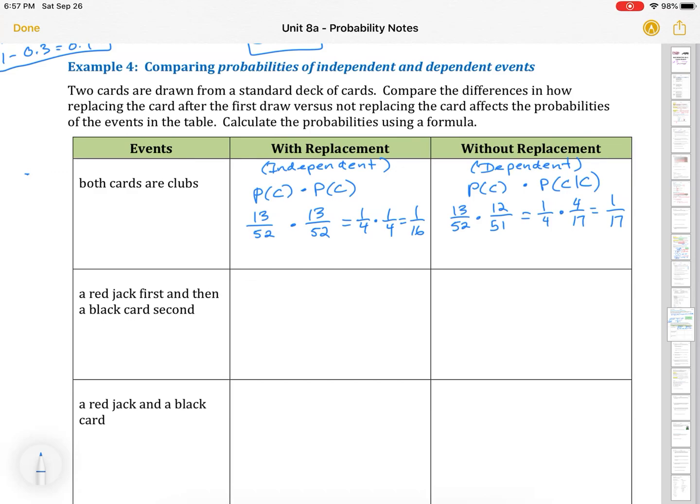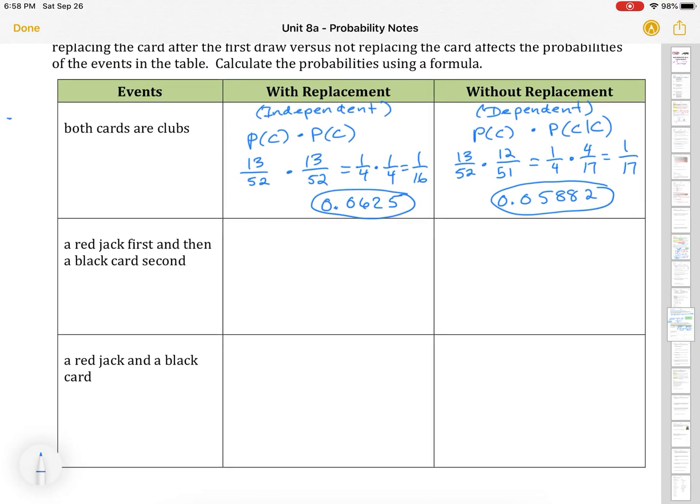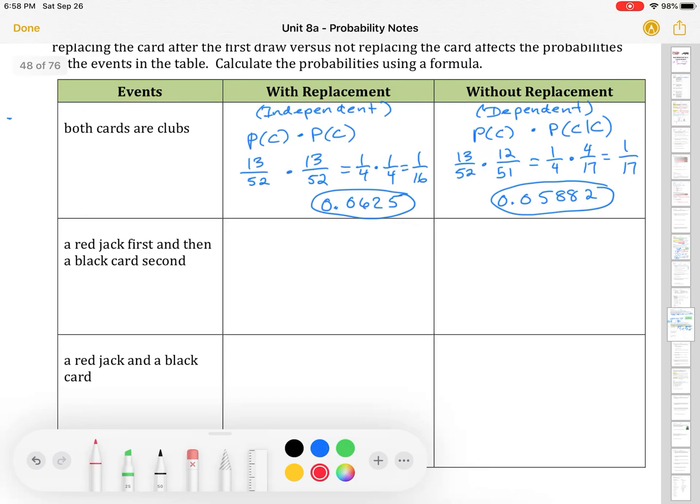This reduces, I believe, to 4/17, which will give me 1/17. So slightly different. If we translate both of those into decimal, this will be 0.0625. And this one will be 0.05882. That's enough decimals. Okay?